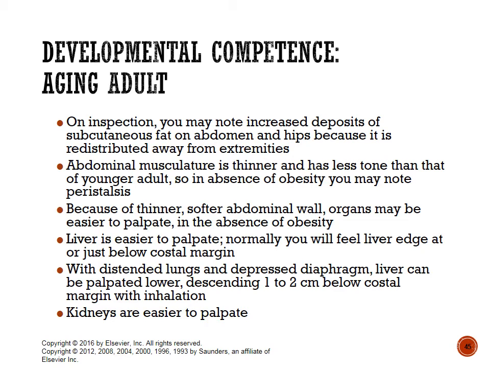The liver is usually easier to palpate, and also it's easier because if the lungs are inflated and the diaphragm is down, we can palpate that much easier. And also the kidneys are easier to palpate. But we don't usually do a lot of palpation of organs.